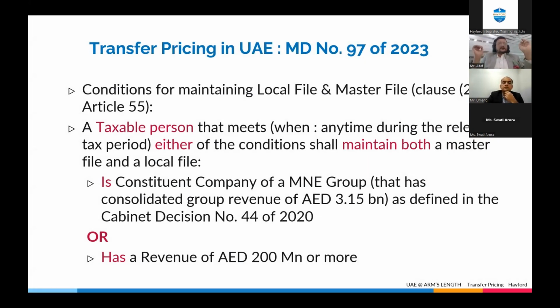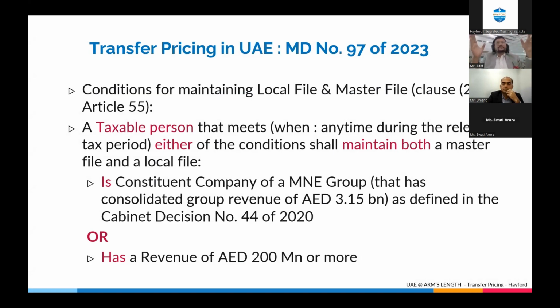Now, coming to Ministerial Decision number 97 of 2023, which gives conditions for maintaining the local and master file. Some entities are effectively part of a much larger entity. We call them a multinational enterprise under the transfer pricing framework. So what are those multinational enterprises?